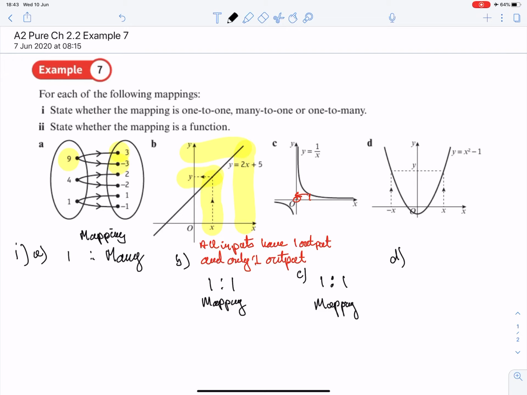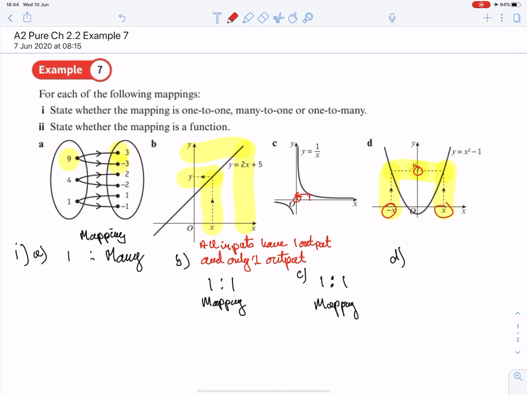D. Here we can see each input has just the one output, but two inputs can have the same output. It means that we've got two values that go in to give one output.